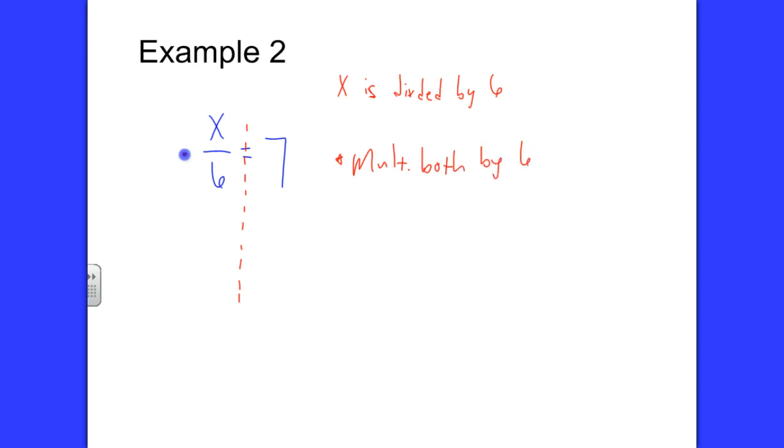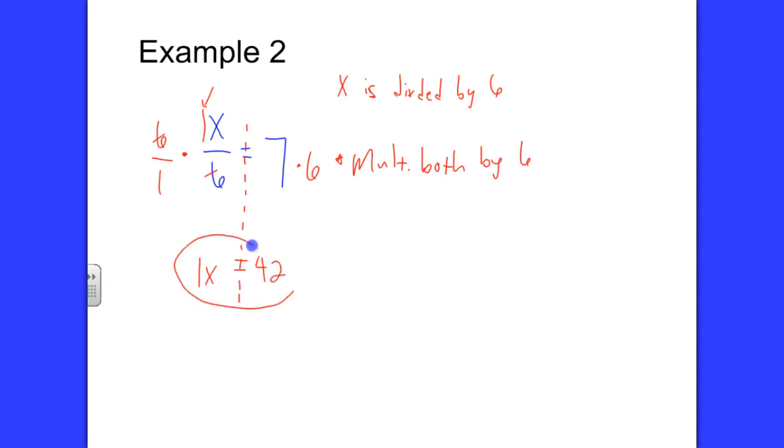I multiplied times 6 there, and I multiplied times 6 there. This 6 cancels out, and the number in front of the x is just a 1, so it's 1x. We just got rid of the divided by 6, and we got 1x. 7 times 6 is 42, and that should be the answer.